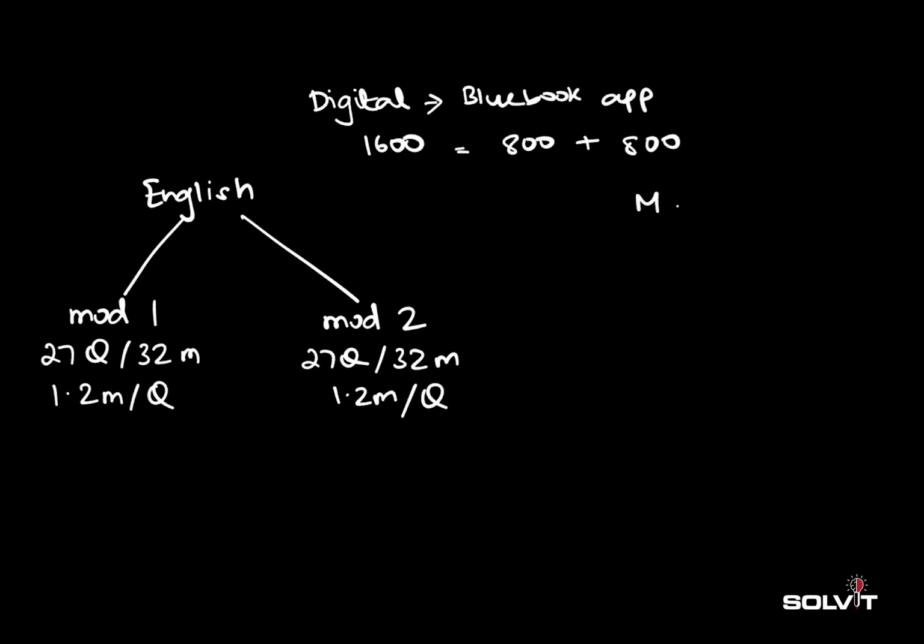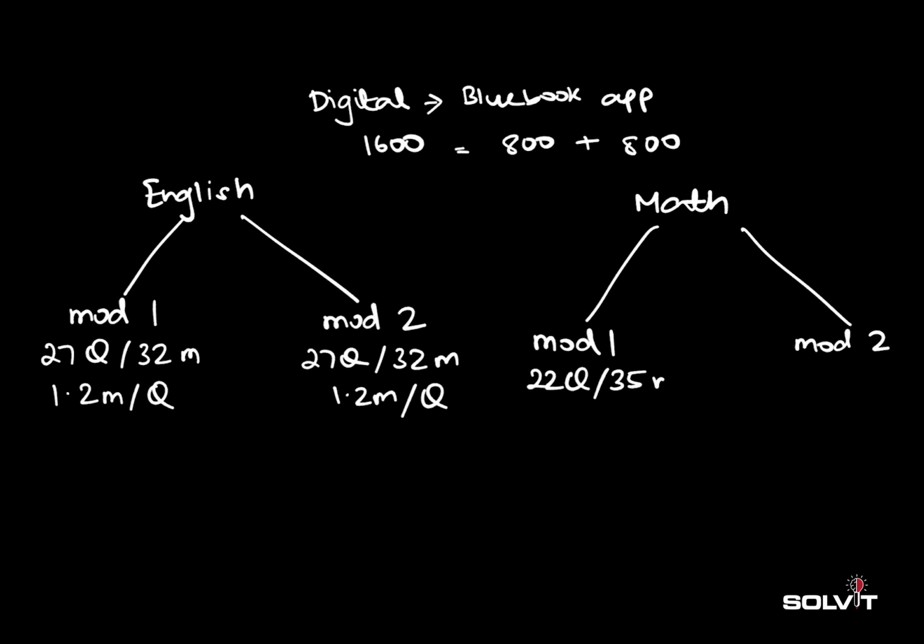Let's talk about how the math section is structured. Again, math also has two modules, so Module 1 and Module 2. Module 1 has about 22 questions in 35 minutes, giving you roughly 1.5 minutes per question.